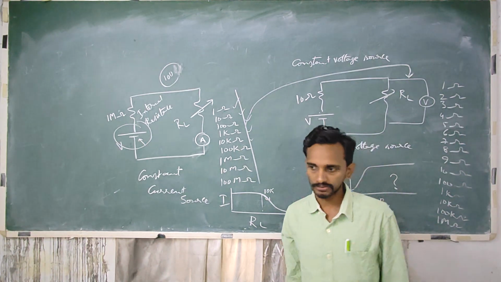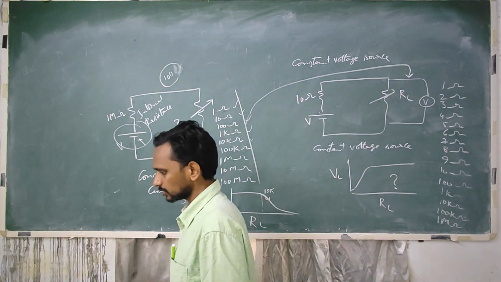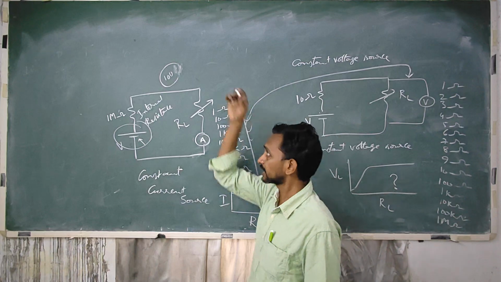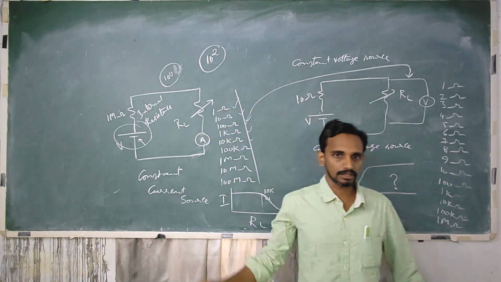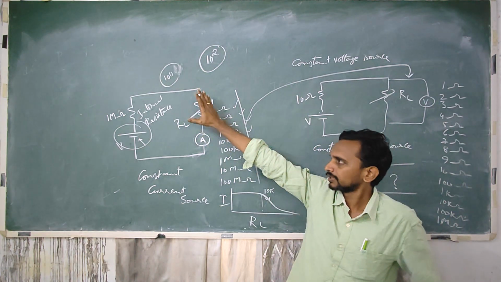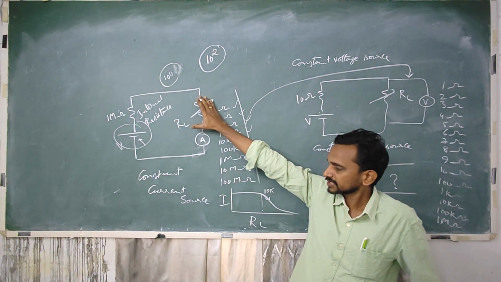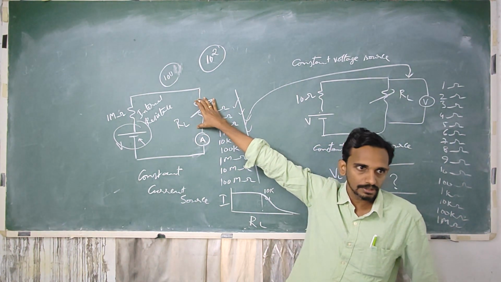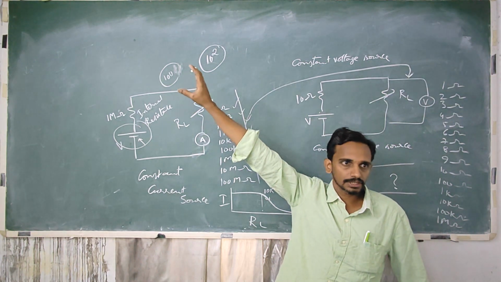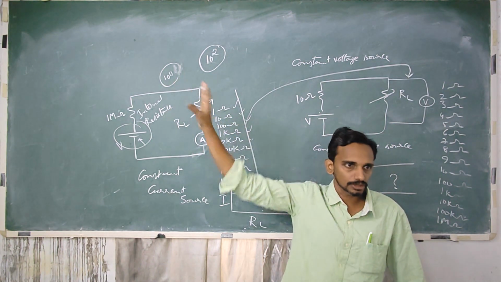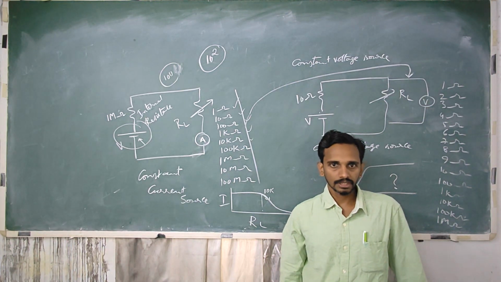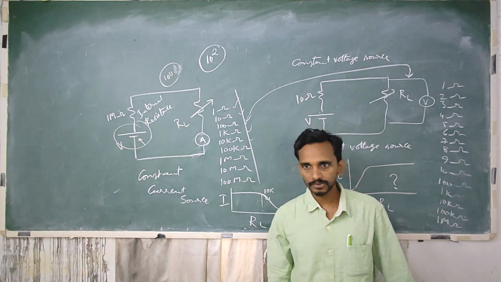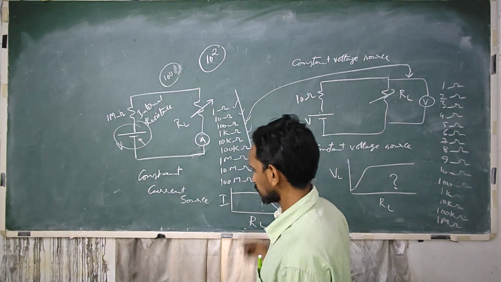Okay, that is what we will observe in this constant current source. So the comparative parameter is 10 square. So if the load resistance value is fixed, we must ensure that internal resistance should be at least 100 times more than the load resistance to keep the current value constant. Okay, so that is one.